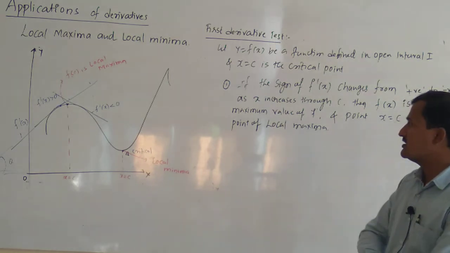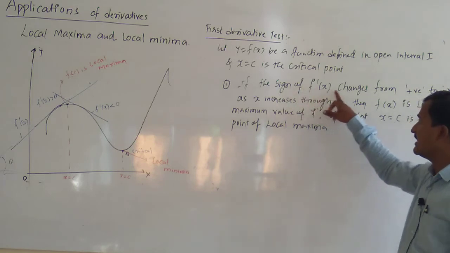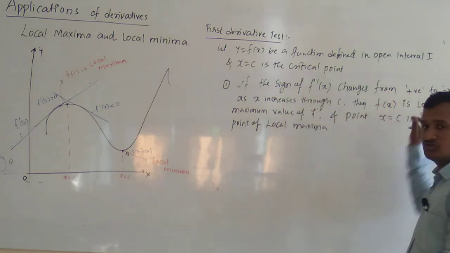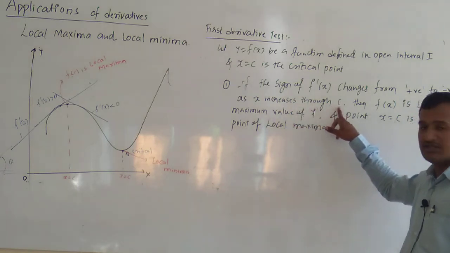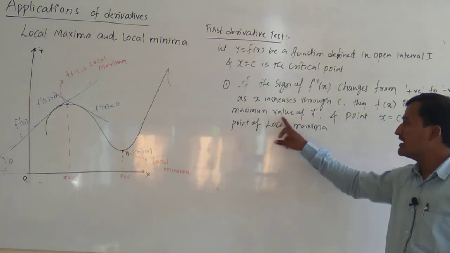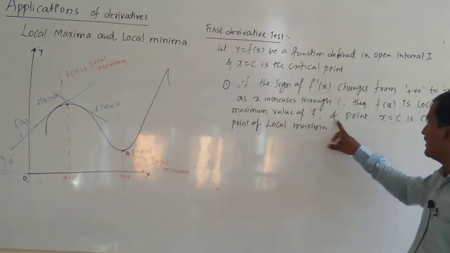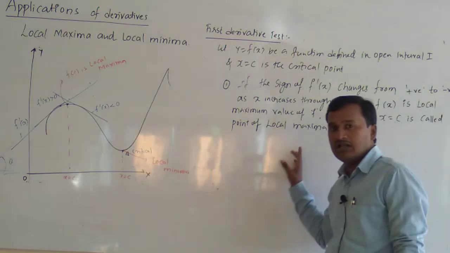So for this, just you should remember the sign of f dash of x changes from positive to negative as x increases through C, then f of x is a local maximum value of f, and the point x equal to C is called a point of local maxima.